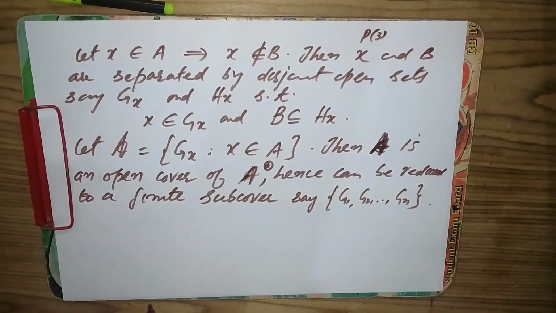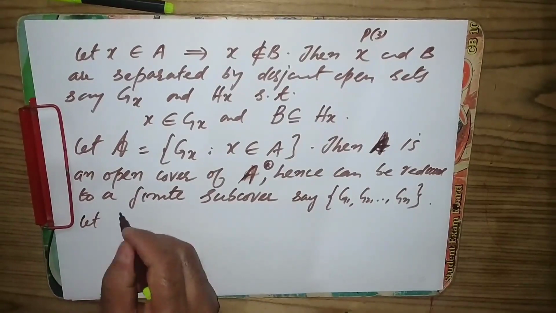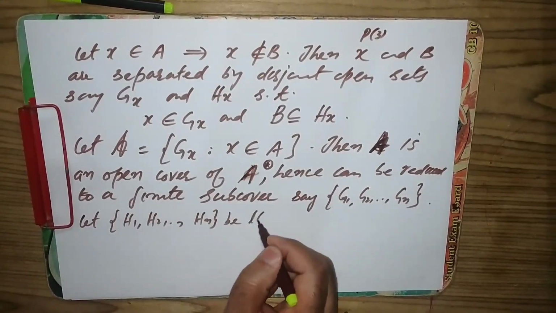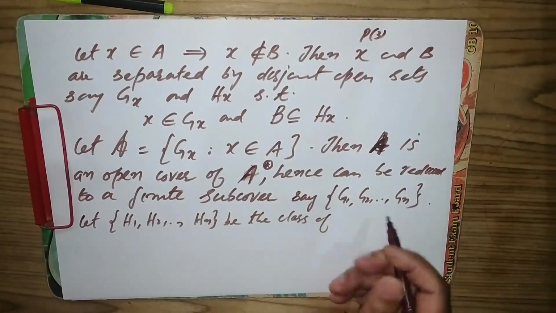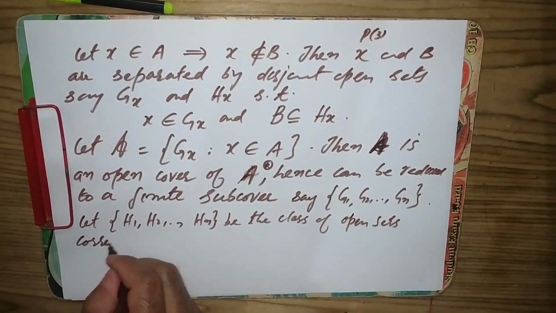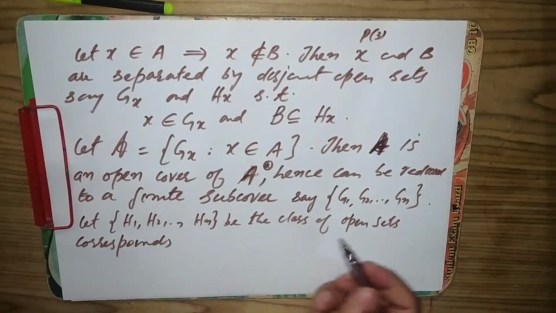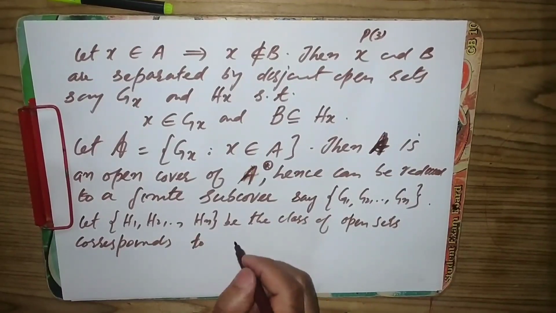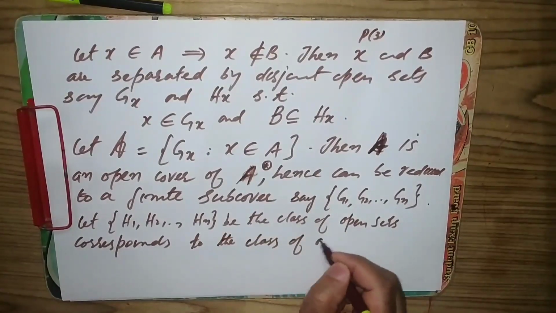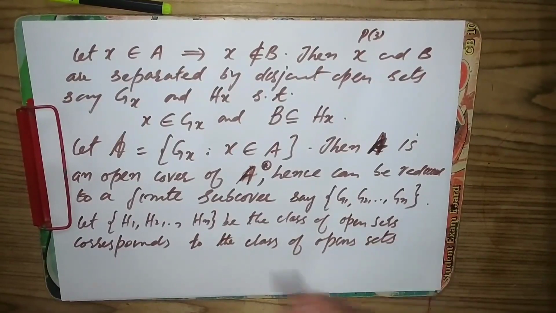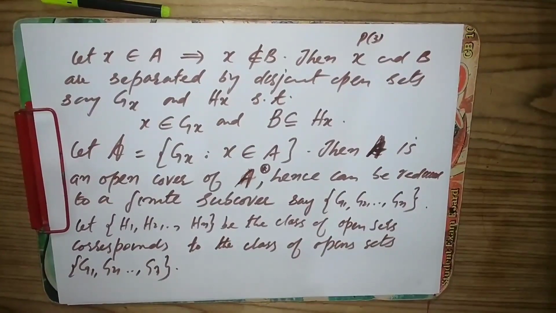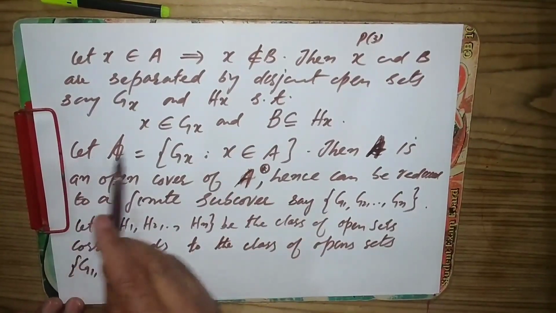So let H1, H2, Hn be the class of open sets corresponding to these open sets G1, G2 up to Gn, and they are disjoint because Gx and Hx are disjoint open sets.